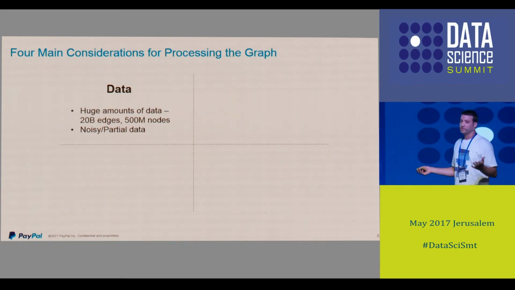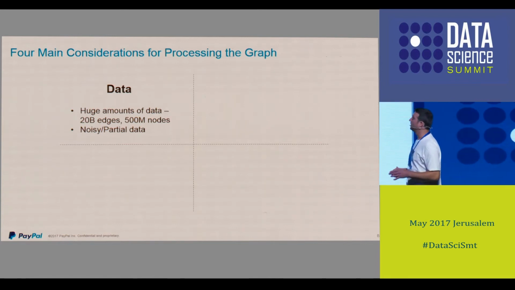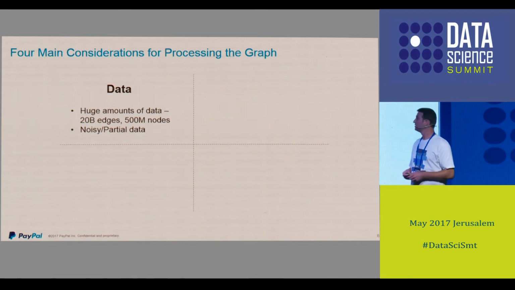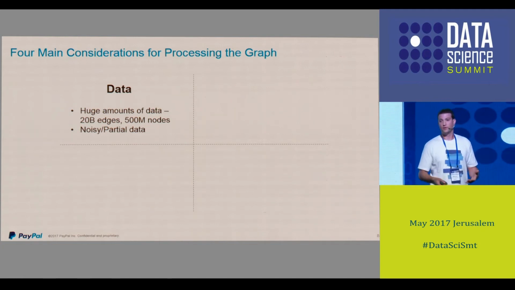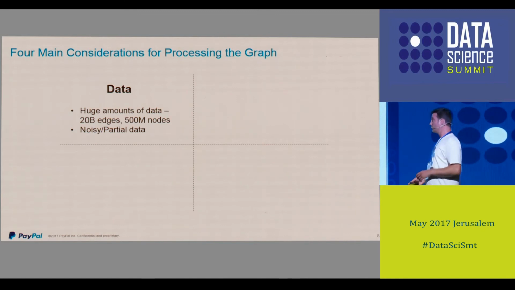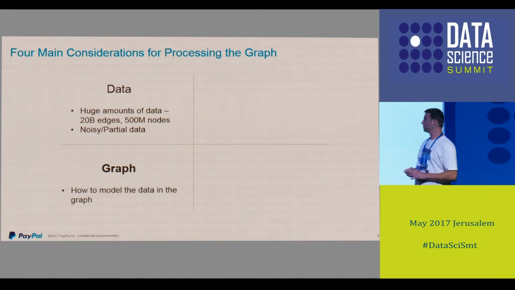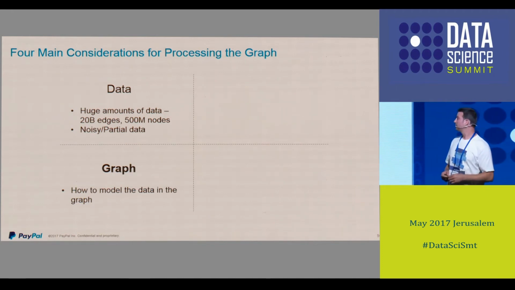Second, no data is perfect. But here, as I mentioned before, we don't handle only noise or missing links in the data. We also handle good data that just doesn't help us in the specific insight that we're looking for. Next, the graph itself. This is actually a huge point and maybe a subject by itself.